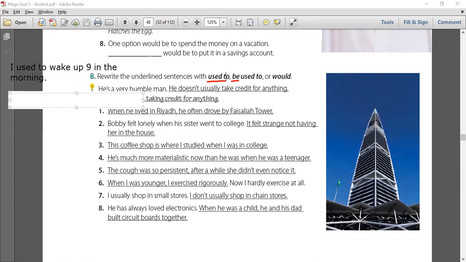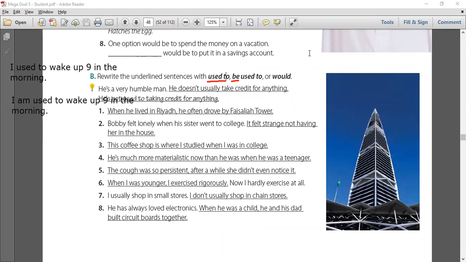But if I said I am used to waking up at 9 in the morning, you will understand that now I can wake up at 9 in the morning. I am used to that. So this one is in the past, and this one is in the present. Okay?